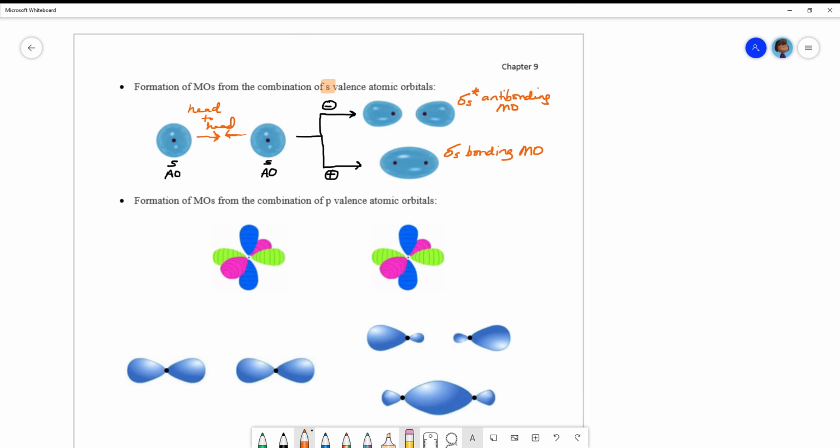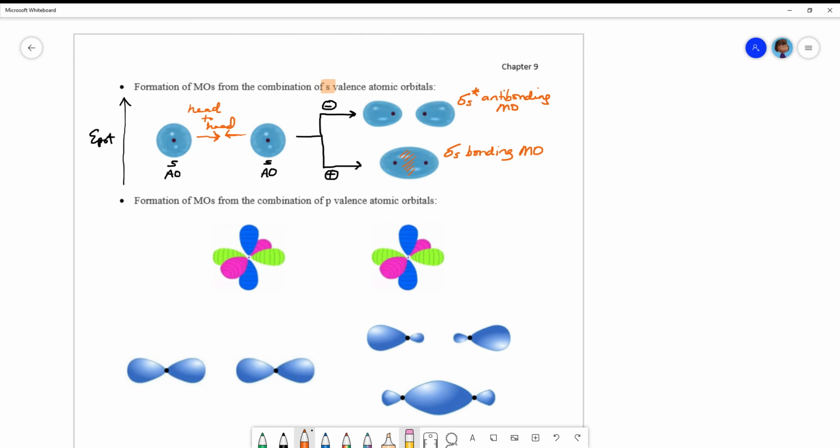Note that the bonding molecular orbital has lower potential energy than the two original atomic orbitals. So if we think of this axis here as an axis of potential energy, the bonding molecular orbital has lower potential energy. The antibonding molecular orbital has higher potential energy. Let's also note that there is a very high electron density between the nuclei in the bonding molecular orbital.